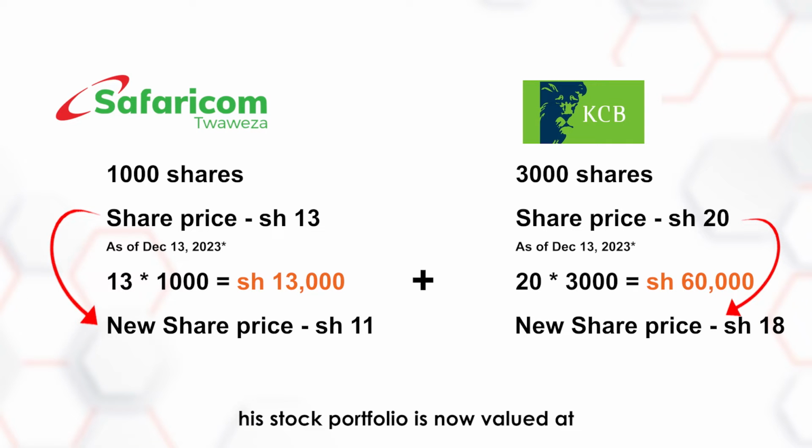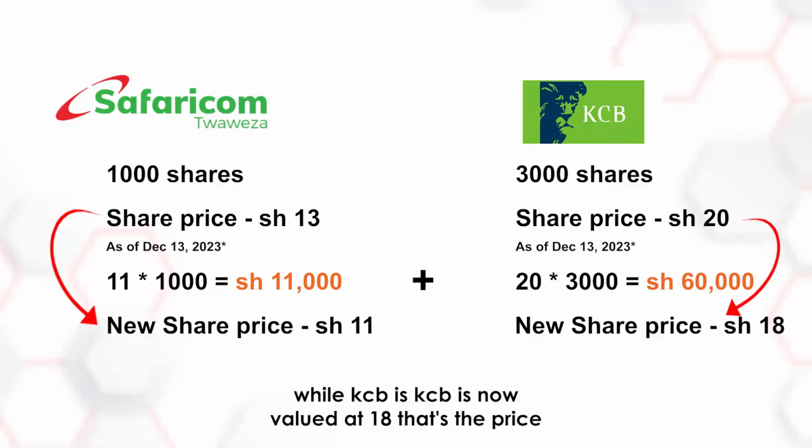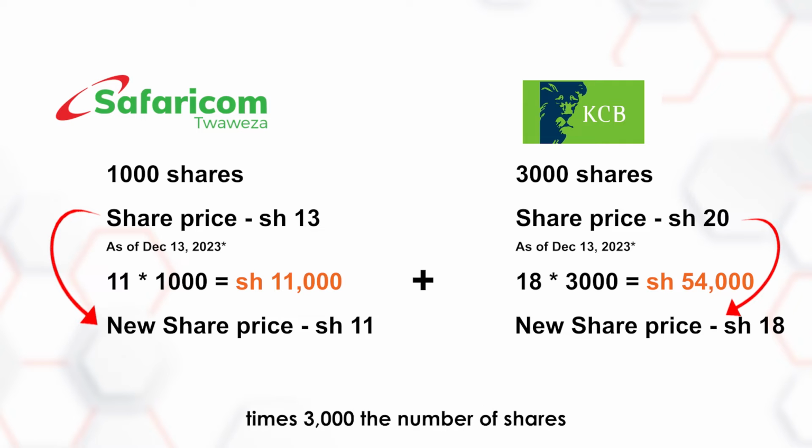His stock portfolio is now valued at, so for Safaricom will be 11, that's the price, times 1,000, the number of shares. So that's 11,000 Kenyan shillings, which means that he has lost 2,000 Kenyan shillings on Safaricom, while KCB is now valued at 18, that's the price, times 3,000, the number of shares, giving us a value of 54,000 Kenyan shillings.